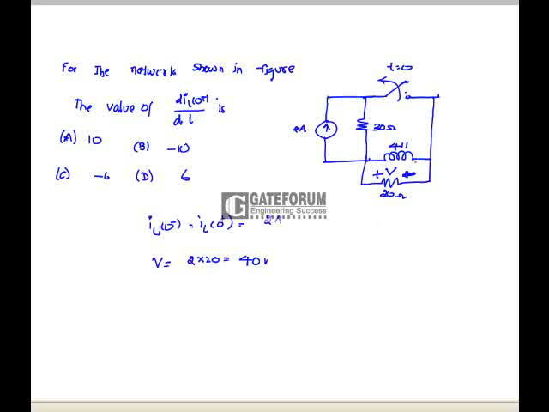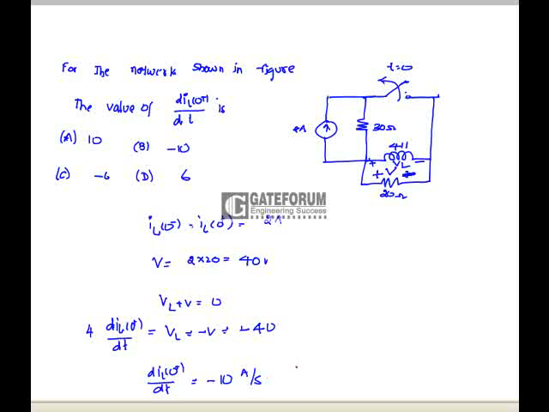But here the voltage across the inductor is VL, and VL + V = 0. VL is equal to -V, that is -40, which is 4 × dIL(0+)/dt. dIL(0+)/dt is equal to -10 amps per second. That is, option B is correct.